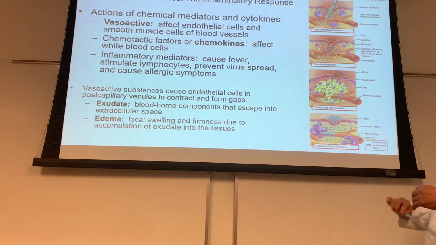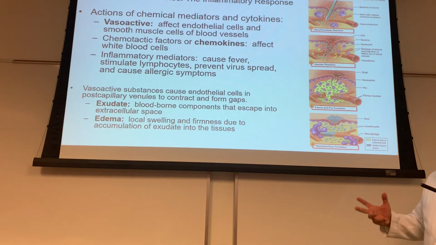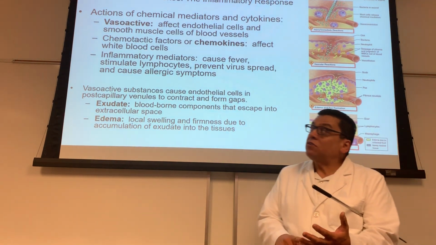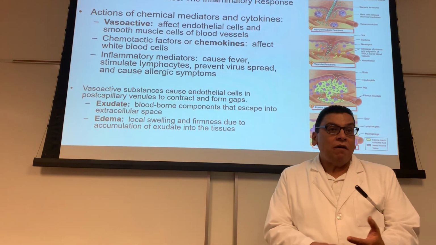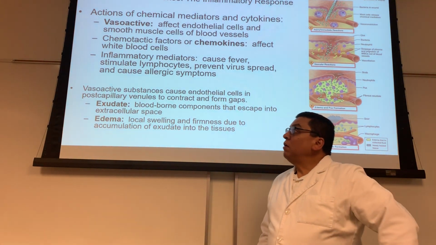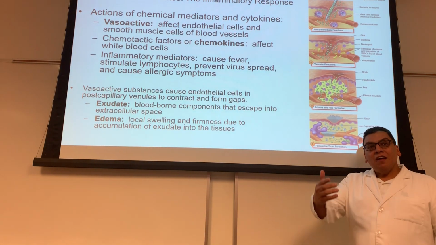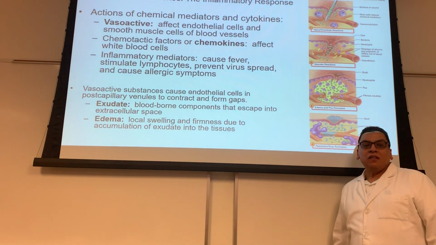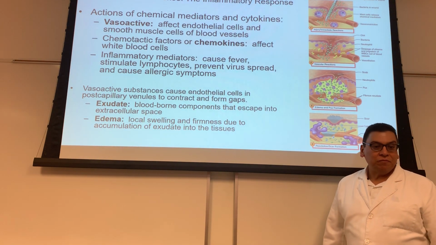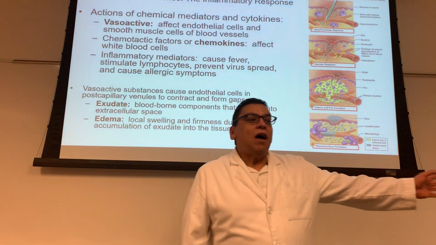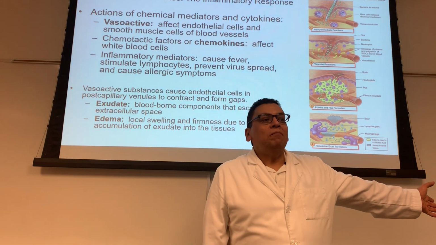So these cells, once they sense that there's a problem in this area, they will release both chemotactic factors as well as vasoactive factors. The chemotactic factors will be involved in moving cells towards the alarm signal. It's sort of like a fire truck driving around, hearing a fire alarm.